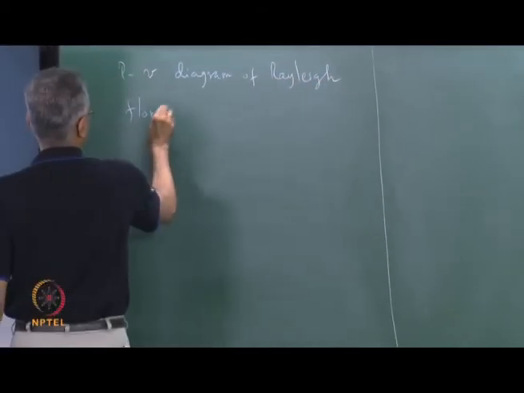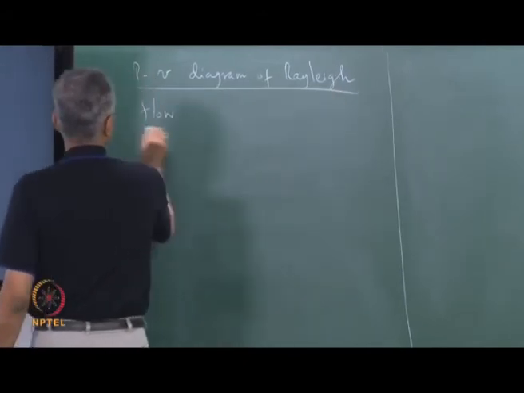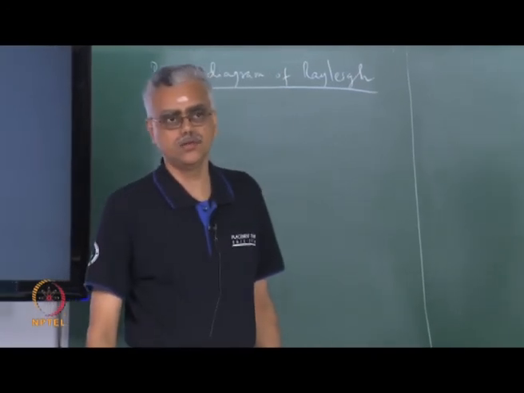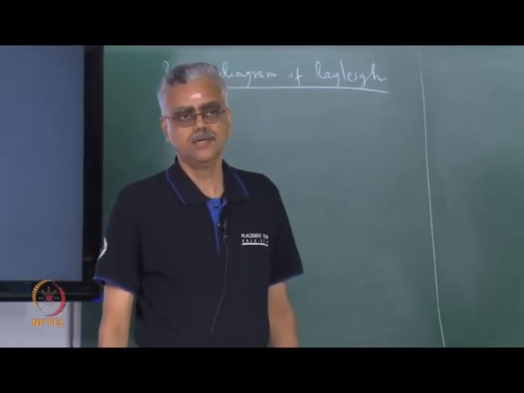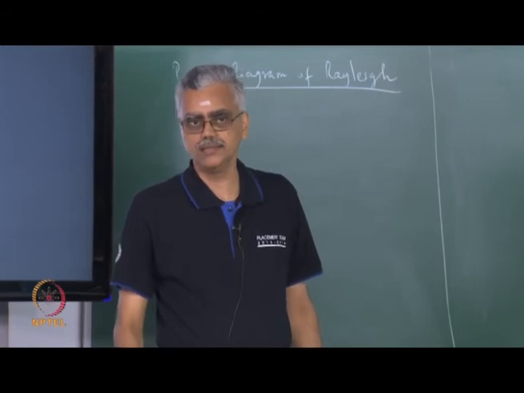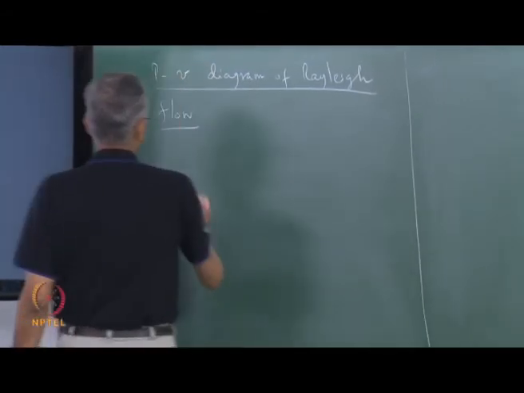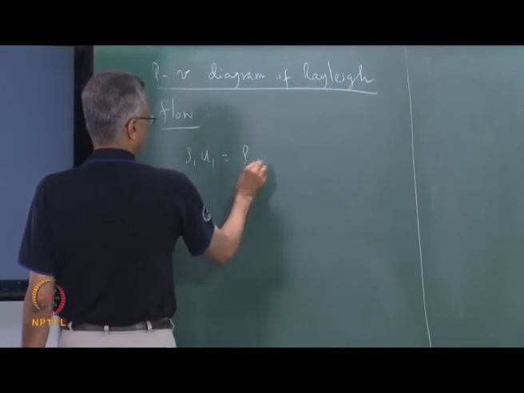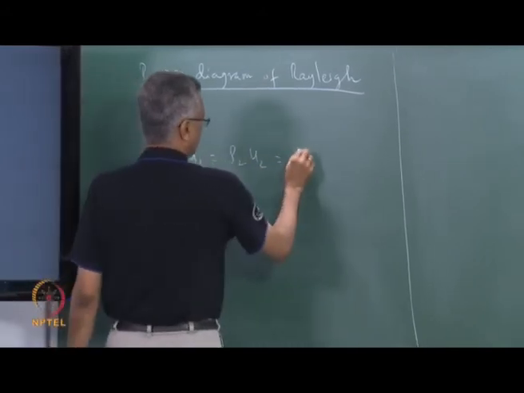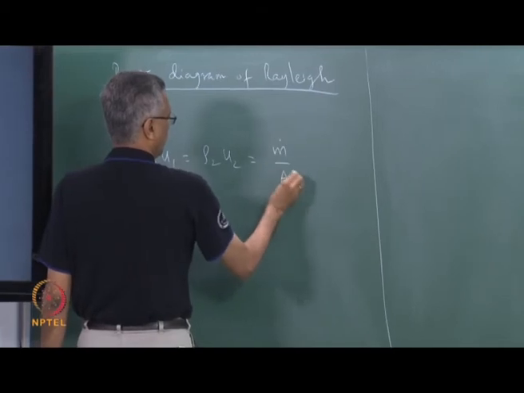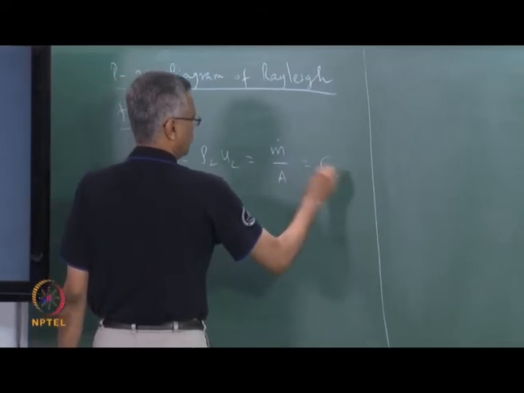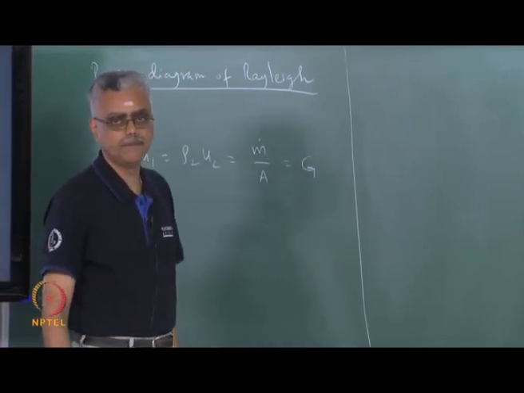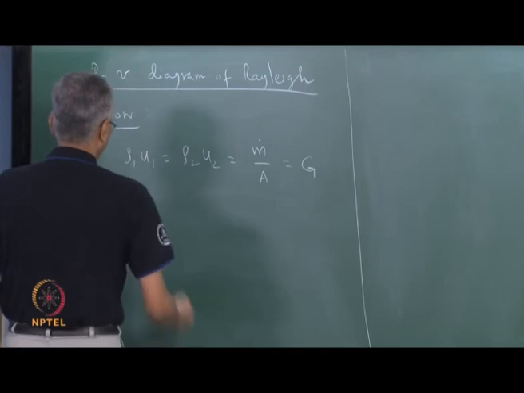So we start with the PV diagram of Rayleigh flow, and if you recall, when we illustrated the normal shock solution on a PV diagram, we rewrote the equation slightly before doing that. The continuity equation in this case is rho 1 u1 equal to rho 2 u2 equal to m dot over A, and we defined this to be the quantity G. Right. That is what we did, and the momentum equation was the same.